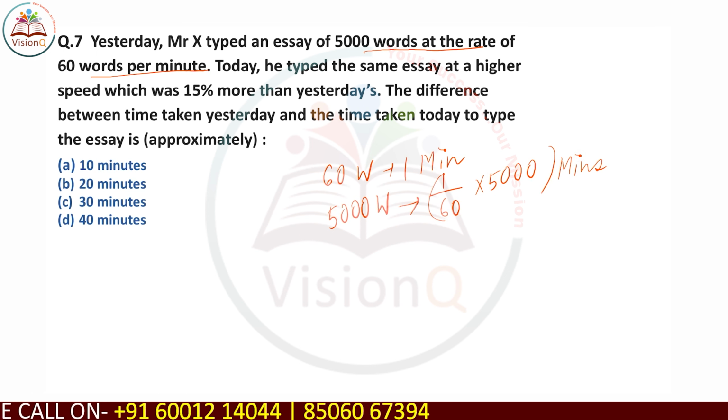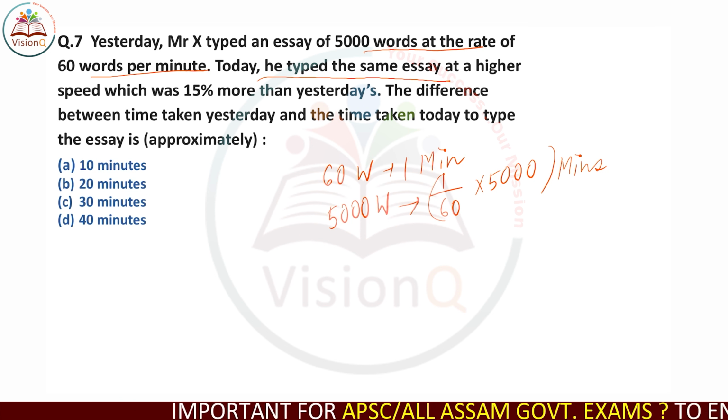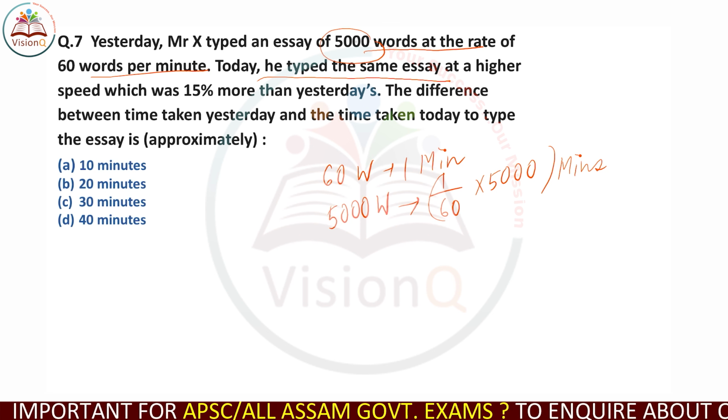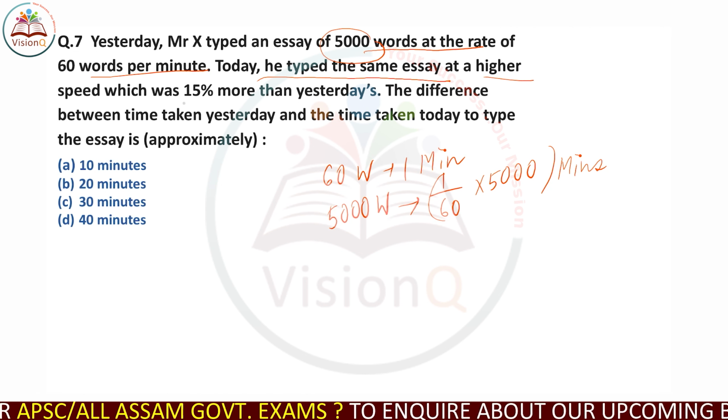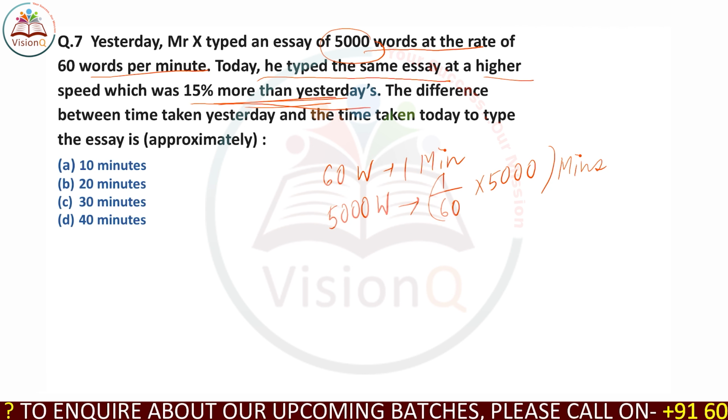Okay. So from the first sentence, I can find out the time taken to type 5000 words by Mr. X. Okay, read the second sentence now. It says that today he typed the same essay, that is the same essay which consists of 5000 words, at a higher speed which was 15% more than yesterday's. Now speed means what? Rate of typing.